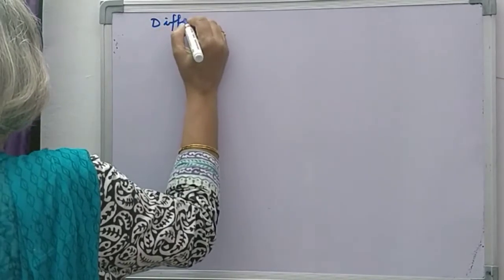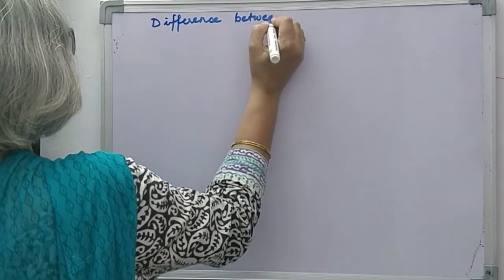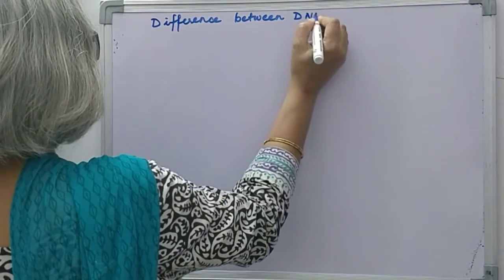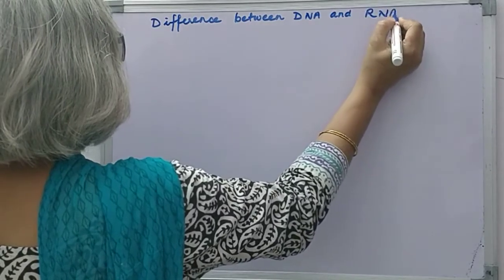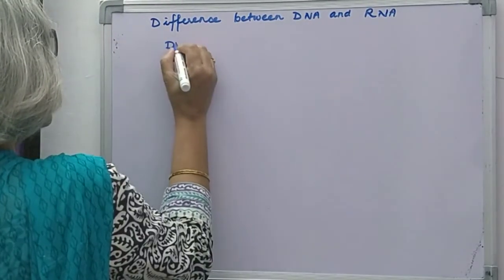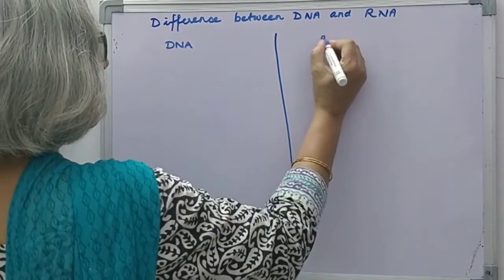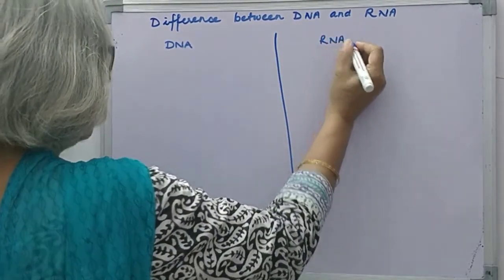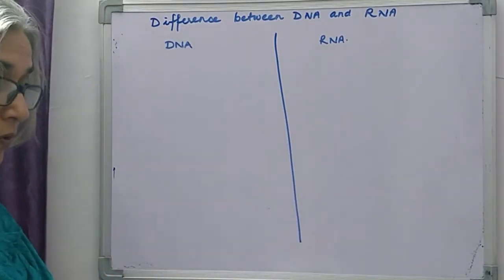Difference between DNA and RNA. DNA, deoxyribonucleic acid, RNA, ribonucleic acid. So we will write the differences between the two.